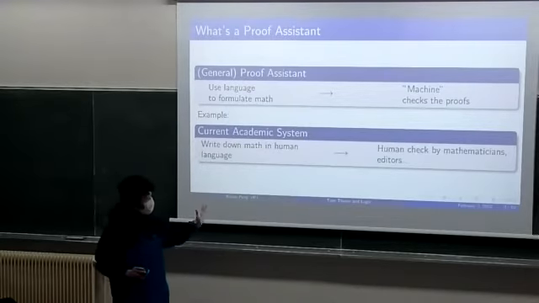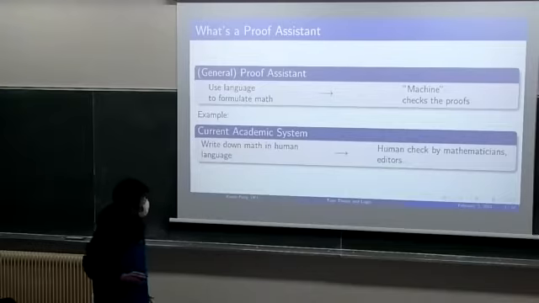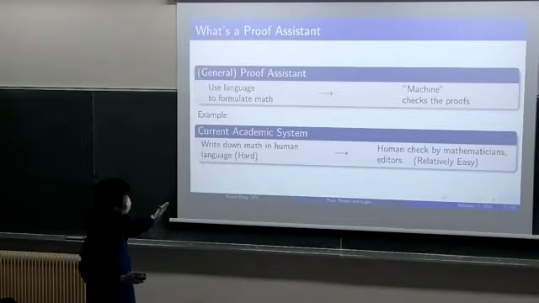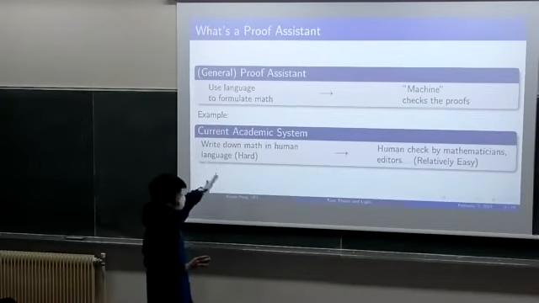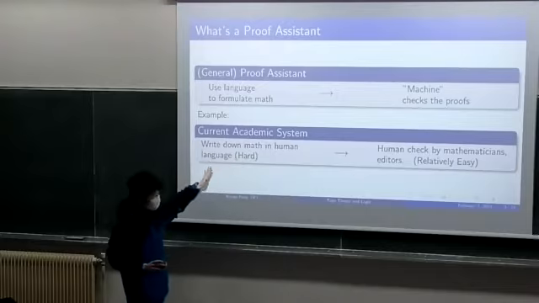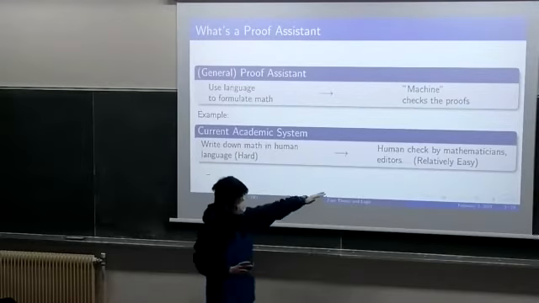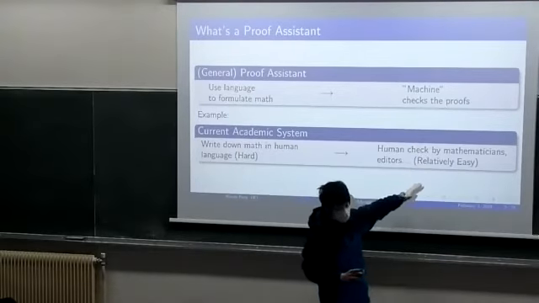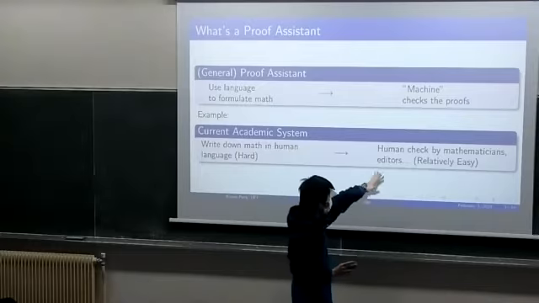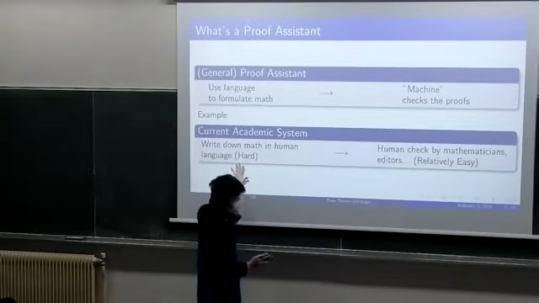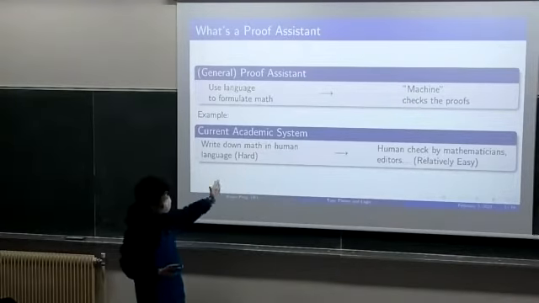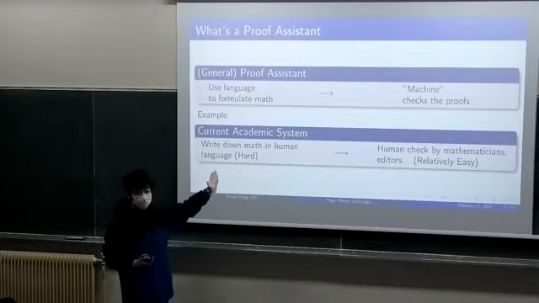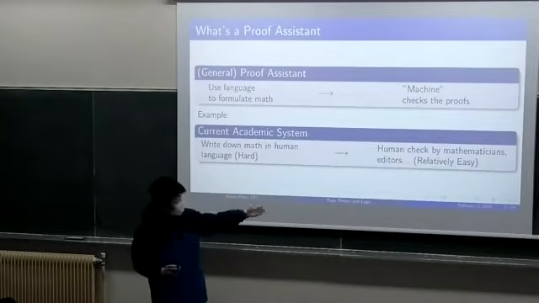But is any other system possible? So let's look at this. This part is really hard. This is what mathematicians really do. This part is also hard to check, but it's relatively easy to check a proof. So we only give the Fields Medal to the people who prove it, not to the people who check it.